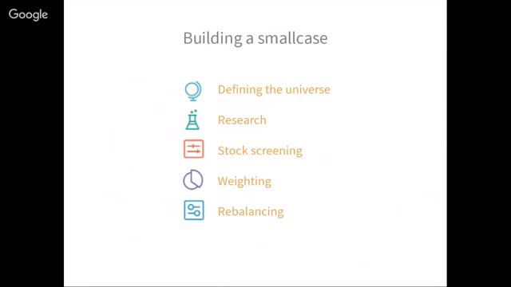The second is the research that goes into the smallcase. We have a dedicated research team which has a very good understanding and previous experience of building thematic portfolio indices for institutions at various investment banks and firms like Nomura and Thomson Reuters. The team picks up the theme, let's say rising rural demand.